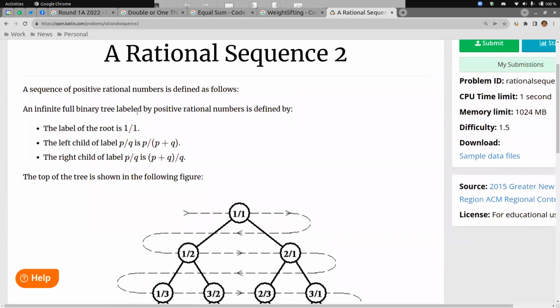It says that you have a sequence of positive rational numbers, and rational numbers, of course, are numbers that can be expressed as a fraction P over Q, where P and Q have no common divisors. So it says the infinite full binary tree, labeled by positive rational numbers, is defined as follows.